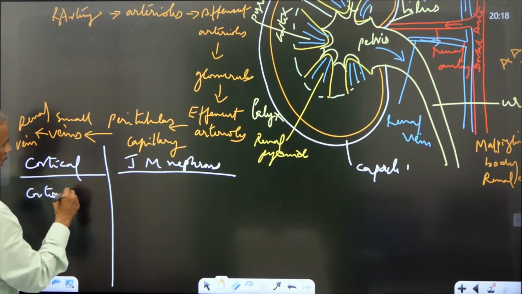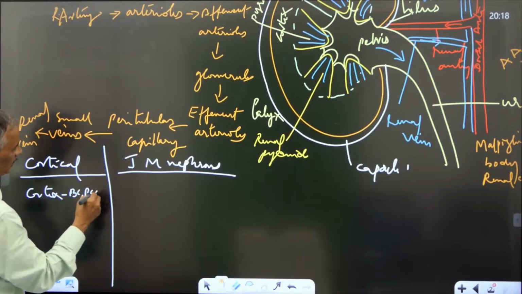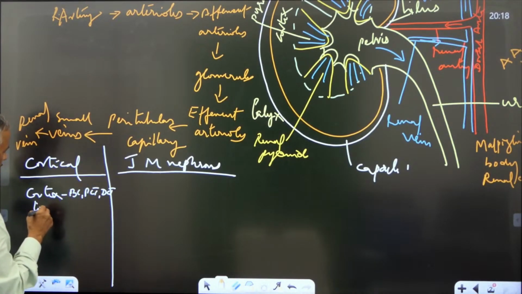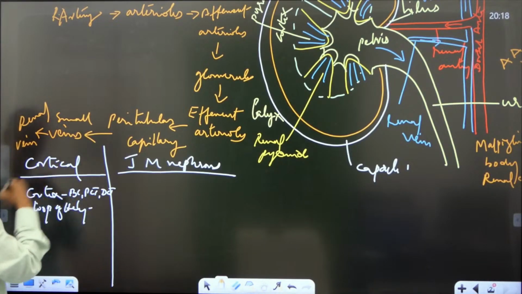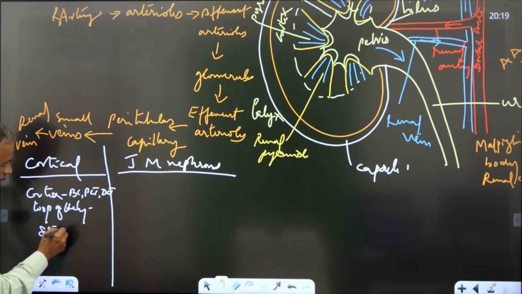That is, the Bowman's capsule, PCT, DCT, and even the loop of Henle are in the cortex. They are small, but the majority of them, 80 to 85% of our nephrons, are of this type.